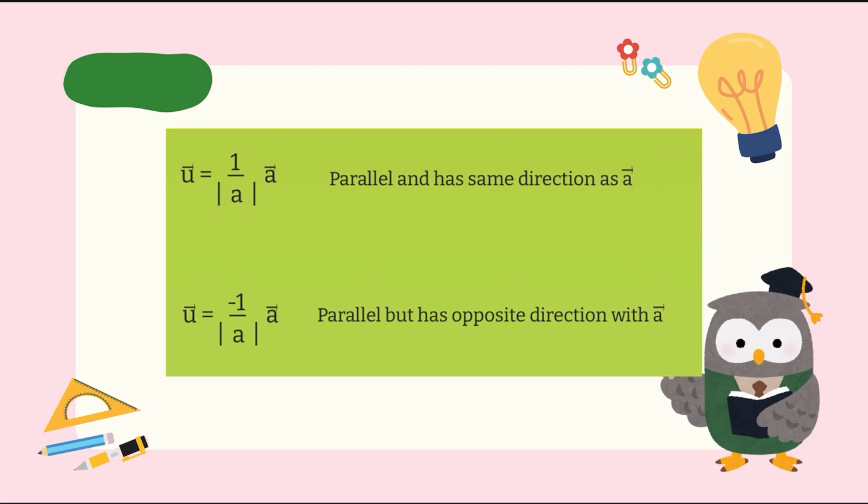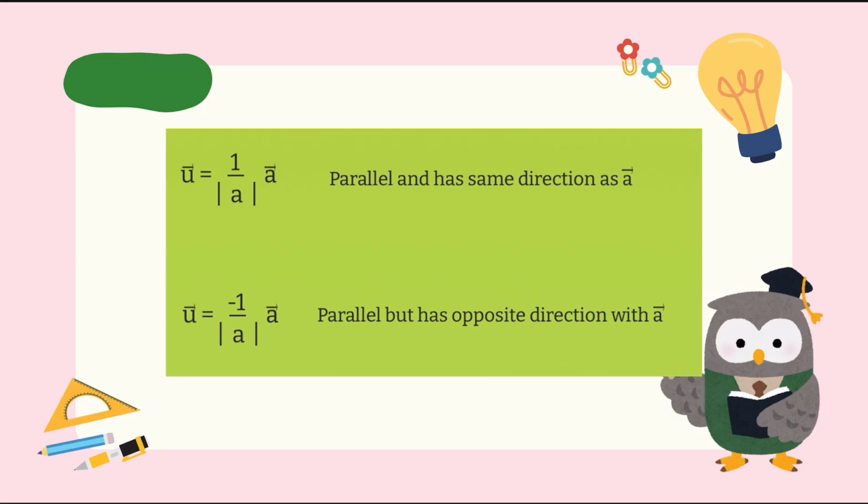If we want to get the unit vector, we need the direction of vector a, and we need to make the magnitude equal to 1. So we multiply vector a by 1 over the magnitude of a, so that we keep the direction of vector a, and also we make the magnitude 1. So that's how we get a unit vector.